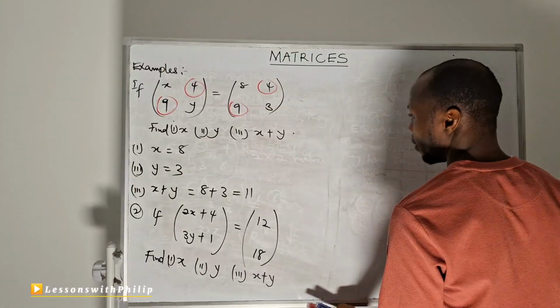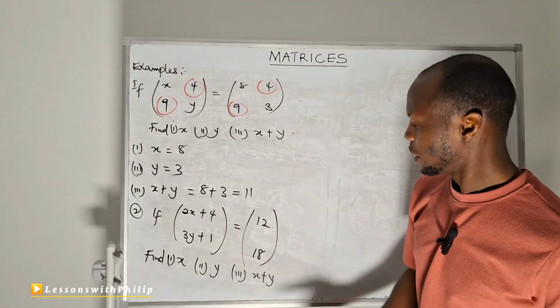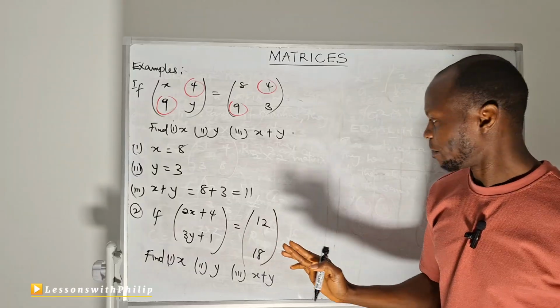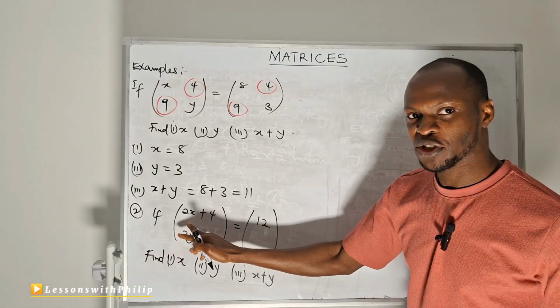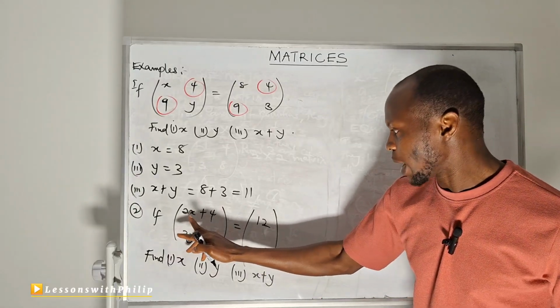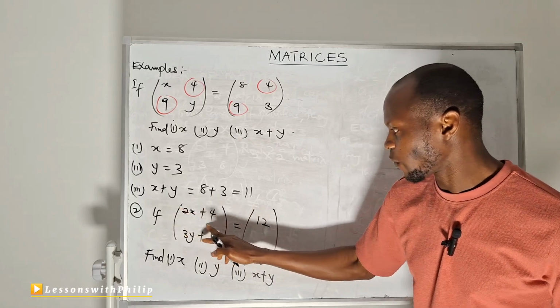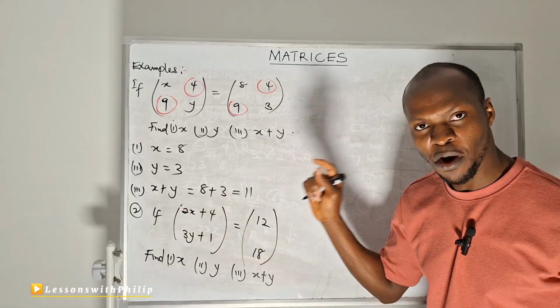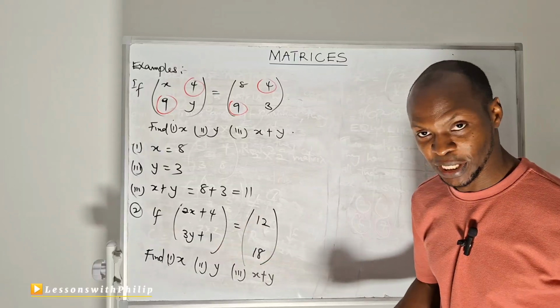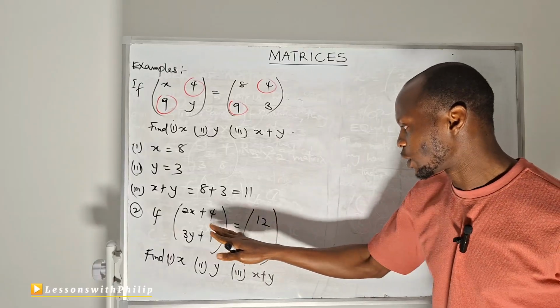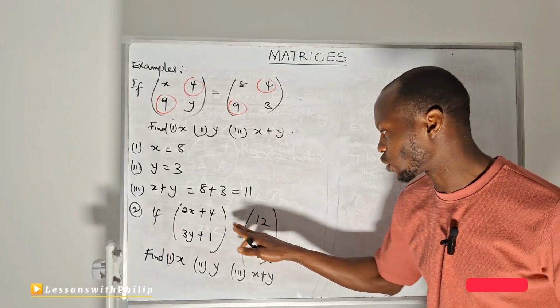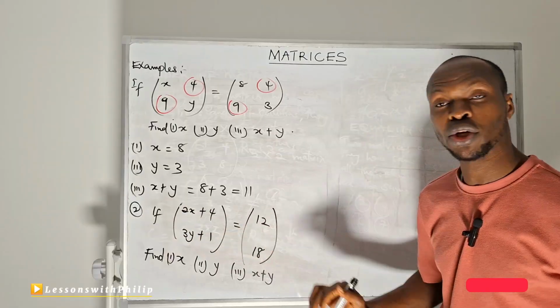Okay, now the first one says, please take note, 2x is not an element. It is 2x plus 4 that is an element. This 2x plus 4 is a single element of this matrix. Okay, do you get it? And since these two matrices are said to be equal, that shows this whole element will definitely be equal to 12.